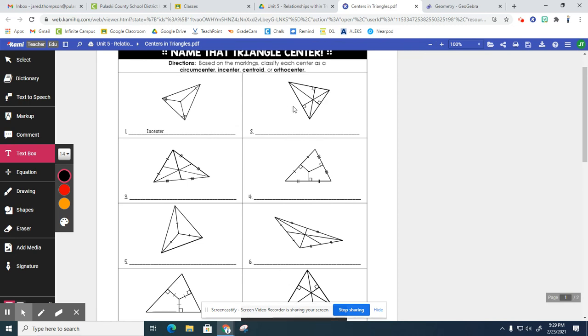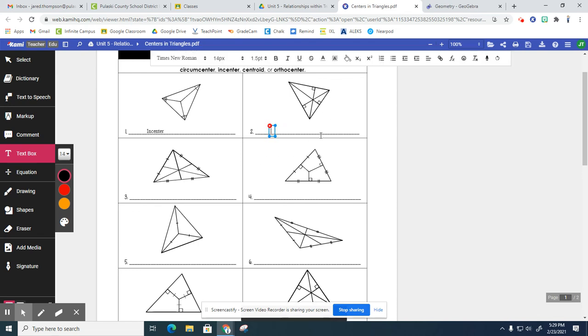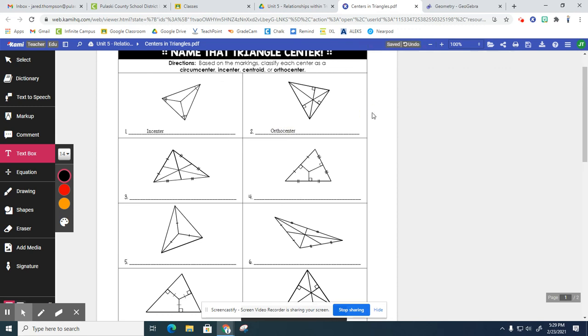Do you see little tick marks? No, we don't. So that's your clue that this is an orthocenter. It comes from the vertex straight down to the side. Okay?